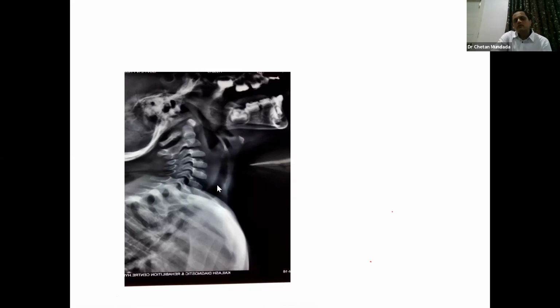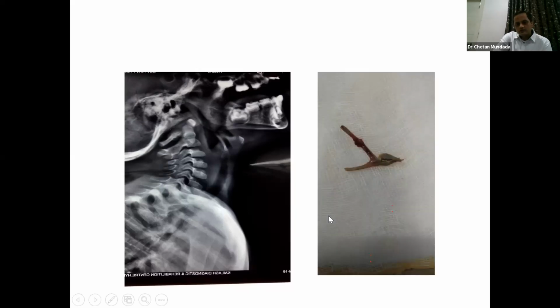So then we asked the grandmother who was with the child whether the child had eaten something. Then she said there was some wedding function and the child had mutton biryani and had gorged upon it 3 days ago, and since then he has been showing this. So in the ER itself, because of the rapidly increasing stridor, we sedated the child under mild sedation, and with McGill's forceps we could remove this bone piece.